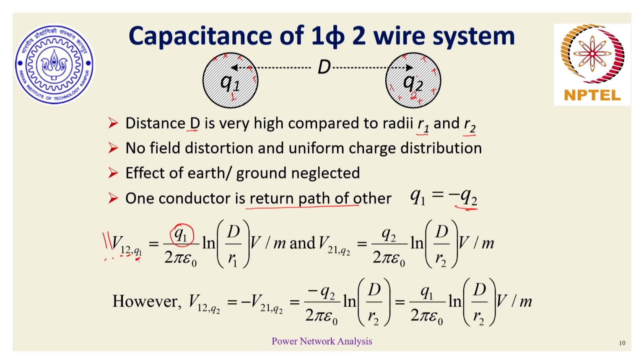The distance that would appear in the natural log term, in the numerator, is always the distance between the actual position of charge Q1 and the second point with which the potential is being measured.